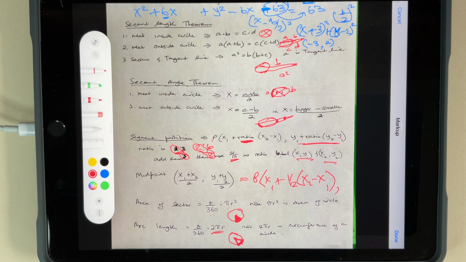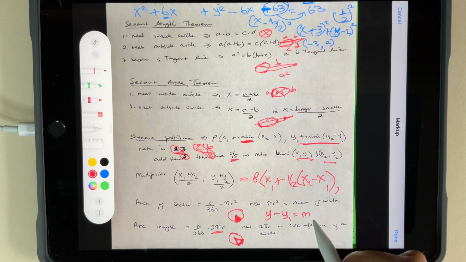You also need to know the formula for an equation of a line, and that is what I call the point-slope formula. So you have y minus y1 equals m times x minus x1. Now the only values that you're going to substitute here are your y1 and your x1.